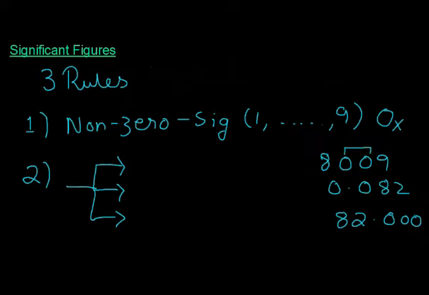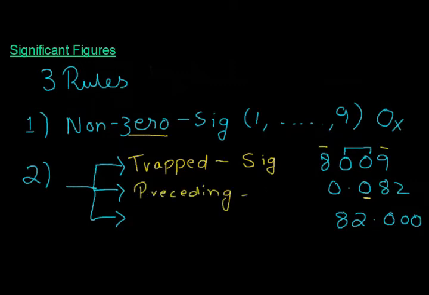Zeros can occur between 2 non-zero digits, and these zeros we can call trapped zeros. So these zeros are actually trapped between 2 other non-zero figures, and these are always significant. Now comes the turn of preceding zeros. The preceding zeros, like this one, are non-significant digits.